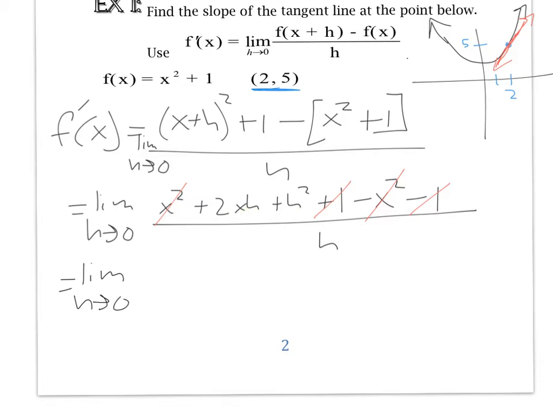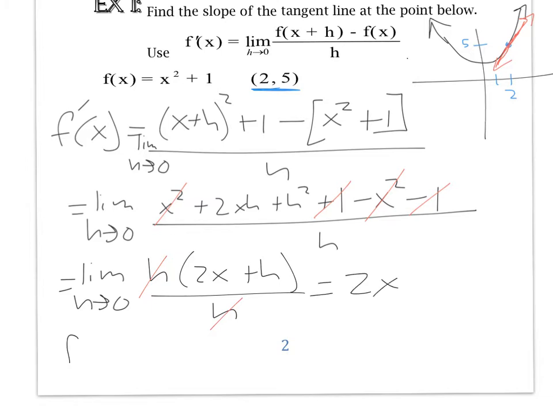Let's go ahead and factor out those h's. It'd be h times (2x plus h) over h, and yes, those h's cancel out. So what is the limit as h approaches 0 of just 2x plus h? It's just simply 2x. Okay, so we know now that the derivative of x squared plus 1 equals 2x.